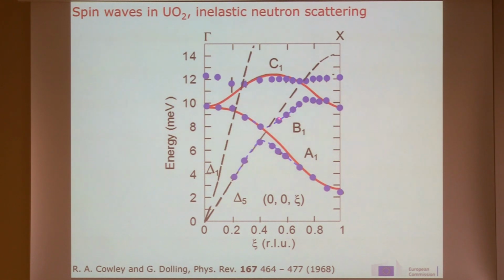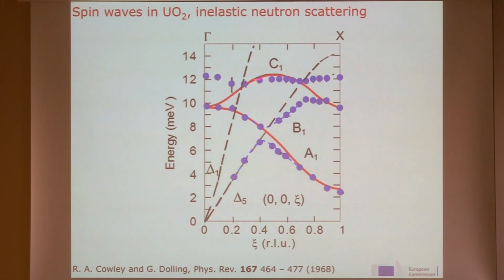First, a gap here that was correctly interpreted immediately as an anti-crossing between this transverse acoustic phonon, the dashed line, which is what was measured in the paramagnetic phase, and the acoustic spin wave branch, which should be the red line. So an anti-crossing due to magnetoelastic interactions.